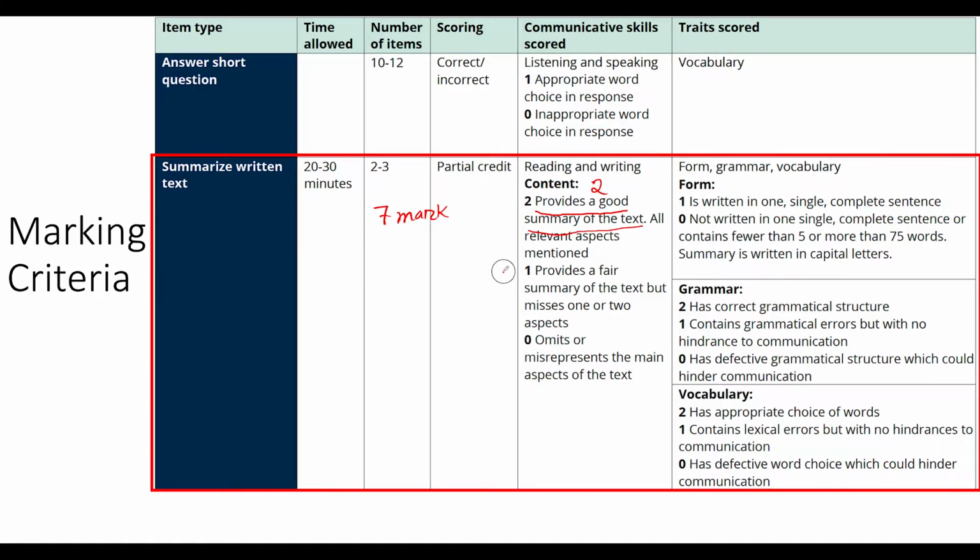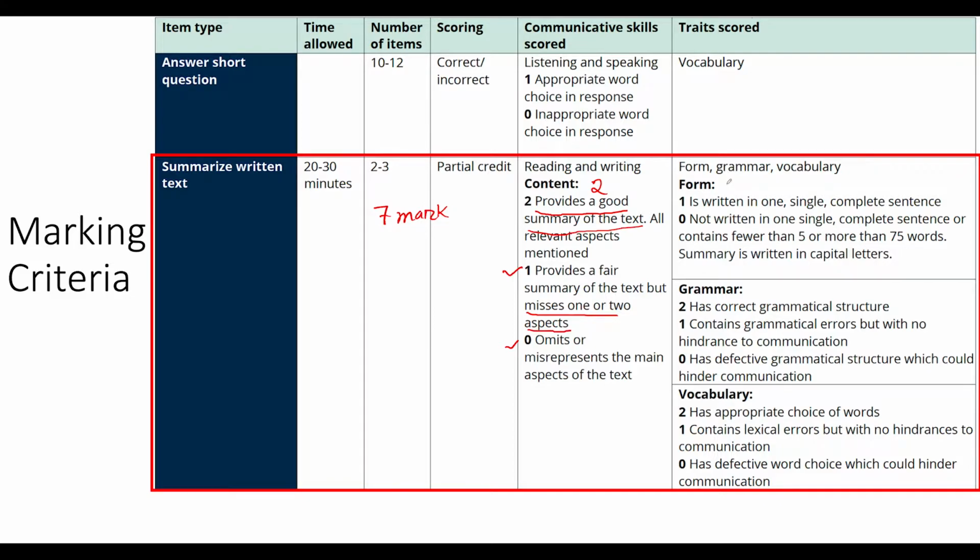You get 1 mark if you provide a fair summary of the text but miss 1 to 2 aspects. That means if you miss 1 or 2 main ideas, you still get 1 mark and you lose 1 mark. And if you fail to provide anything from the text, or if you have provided but you have misrepresented it, that means the meaning has changed, you get 0 marks.